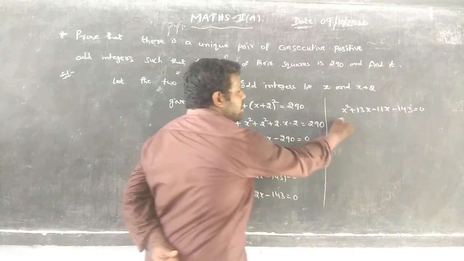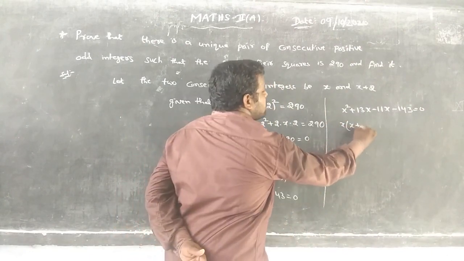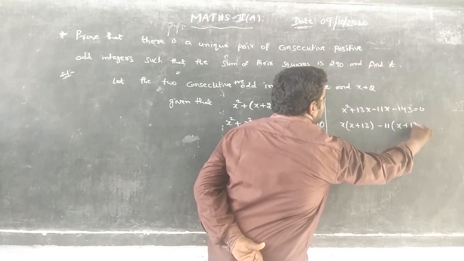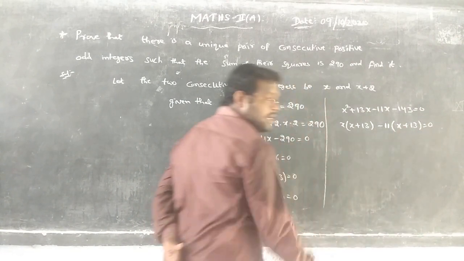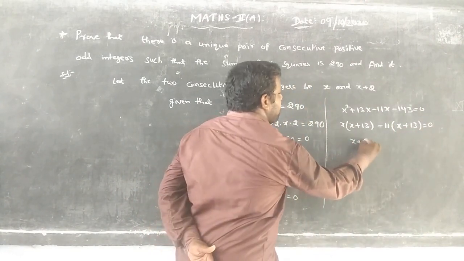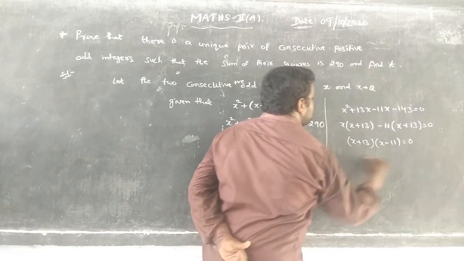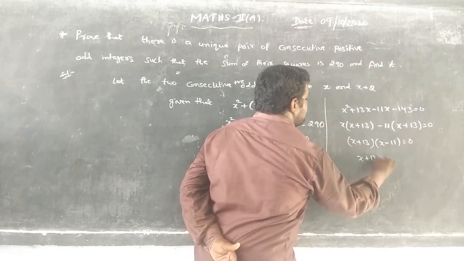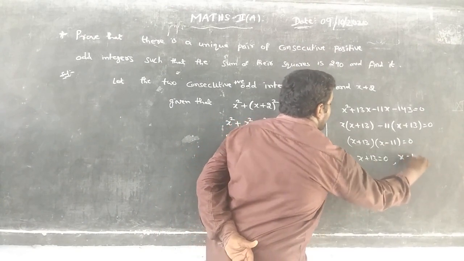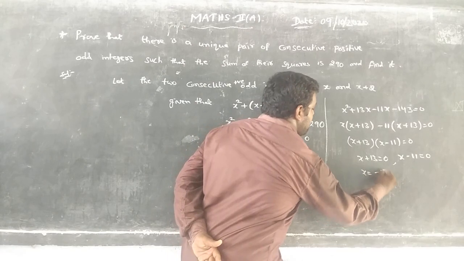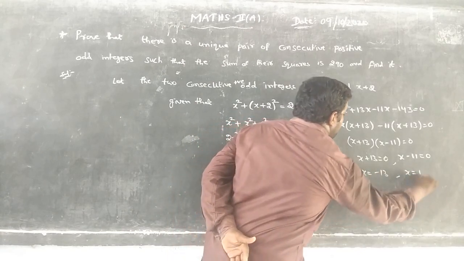In the first two terms, x is the common term. X of (x plus 13) minus 11 of (x plus 13). So (x plus 13) into (x minus 11) is equal to 0. So x plus 13 equals 0 and x minus 11 equals 0. So x is equal to minus 13, or x is equal to 11.